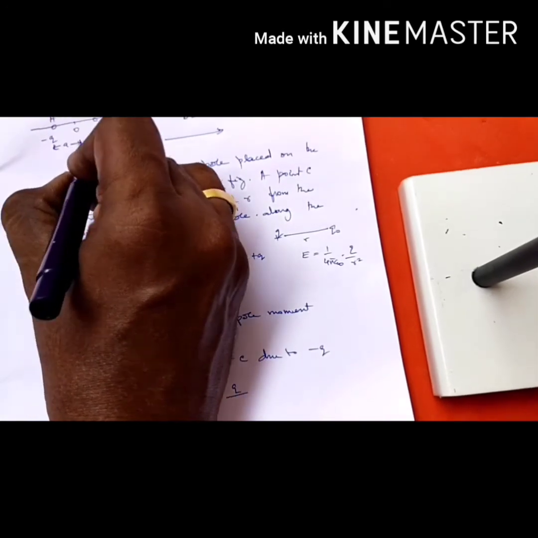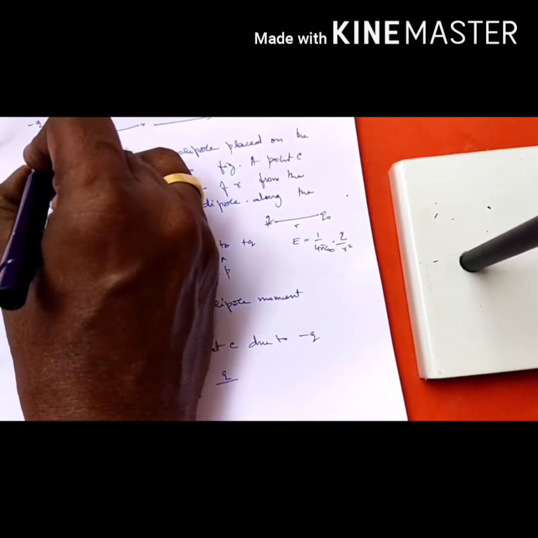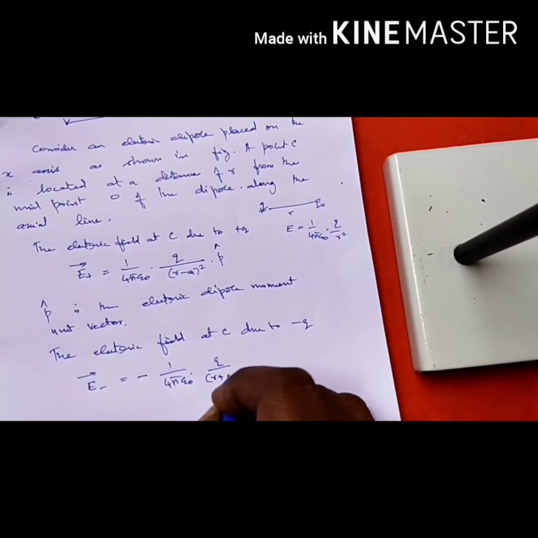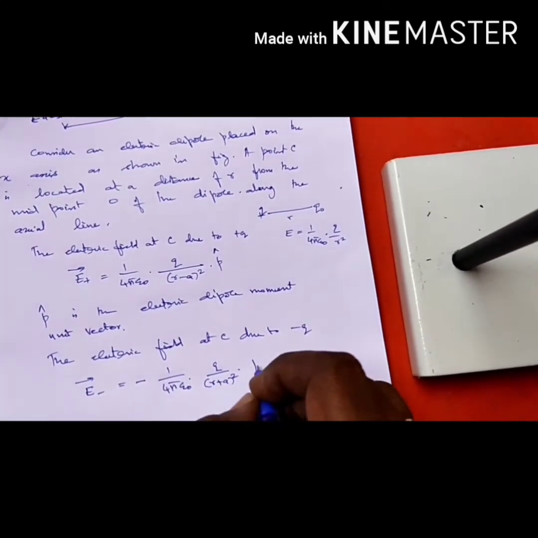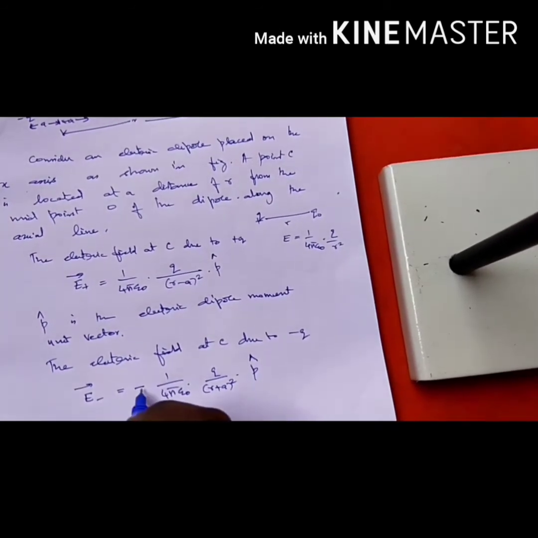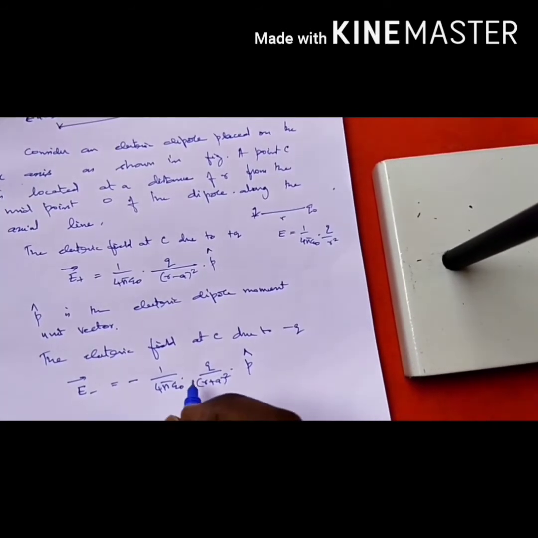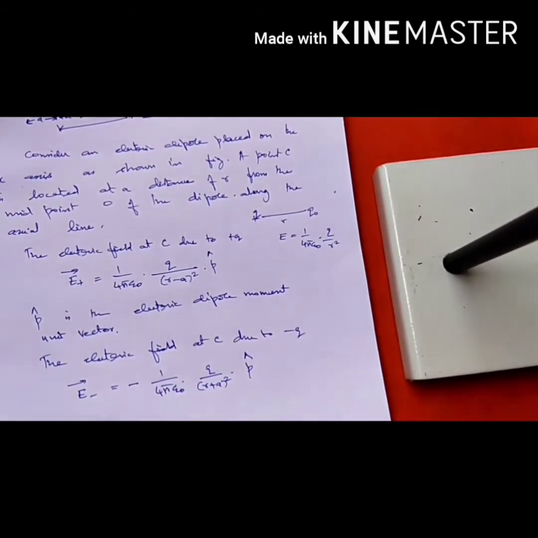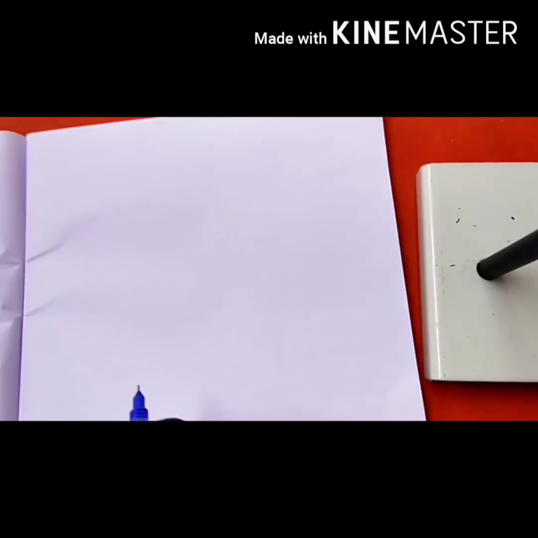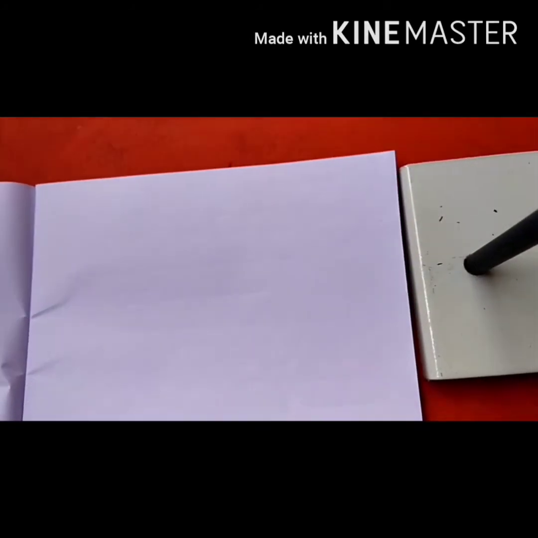Now the distance is r plus a. So r plus a whole square into P cap. Here the negative sign shows that the direction of the electric field is opposite to the direction of the electric dipole moment. That's why we put the negative sign.